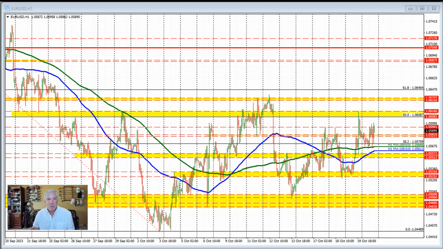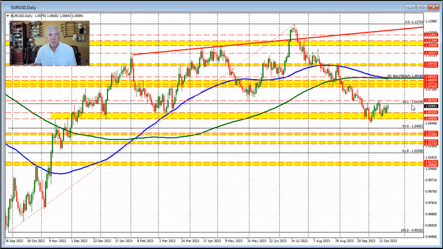If you go back to the daily chart as well, the 1.06106 level is the 38.2% retracement of the move up from the low going back to September 2022 to the high going back to July 2023. The price fell below it in the month of September, and then moved above it briefly in the month of October.